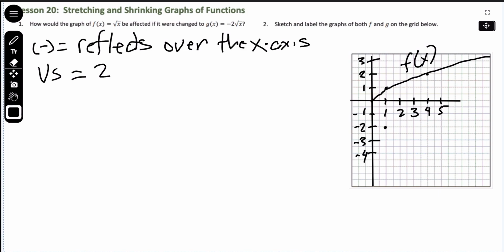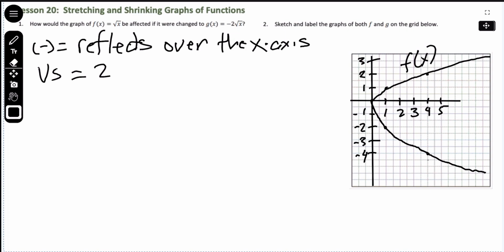Where 4 was 2, 4 is going to be negative 4 now. So it has flipped over the x, and it's stretched by 2. So it's basically twice as big. Okay. Anytime you see a negative out front, that's going to reflect it. And then the 2 is a vertical stretch of 2.